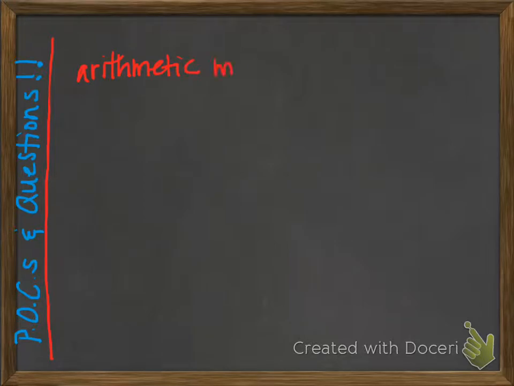This looks like arithmetic, but when it's an adjective, it's pronounced arithmetic. So an arithmetic mean, the way you would find that is you just average. So what you might be asked to average in this lesson would be the extremes.